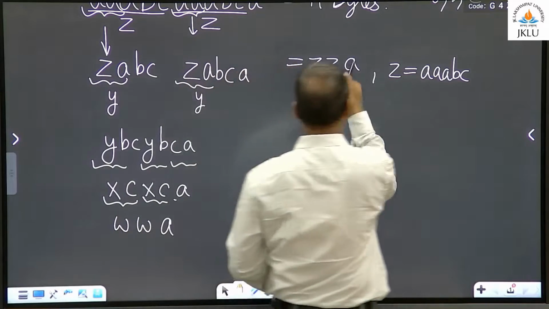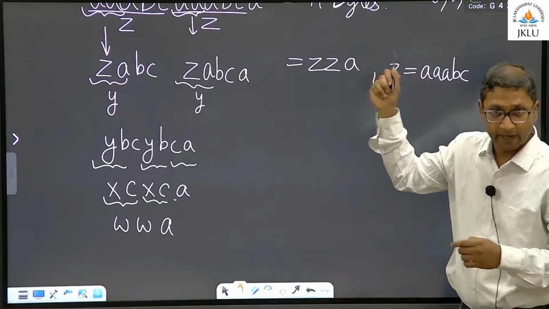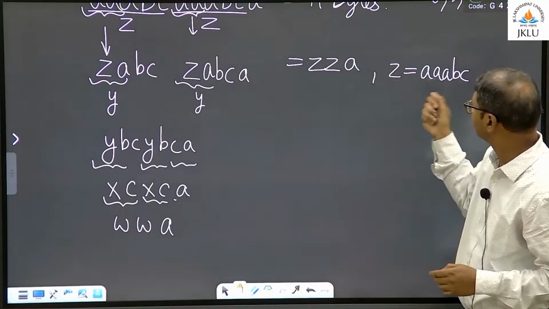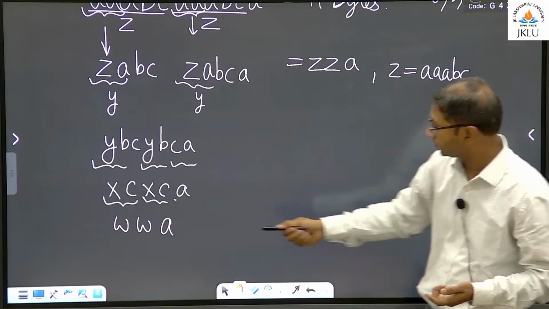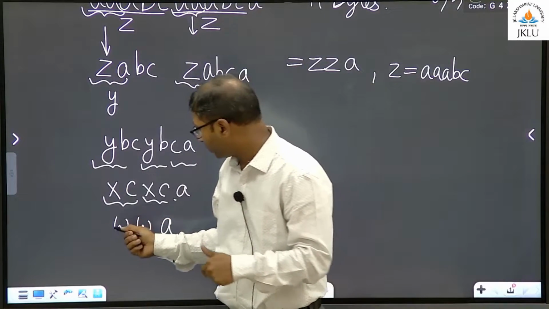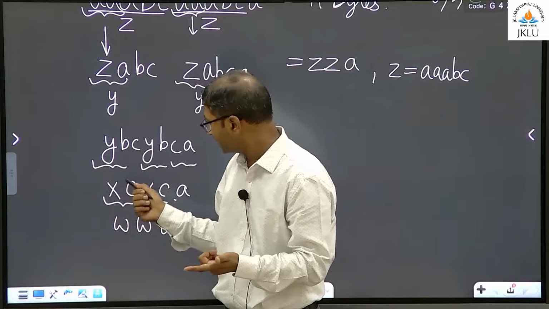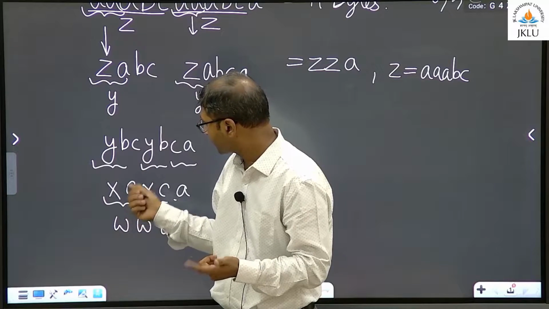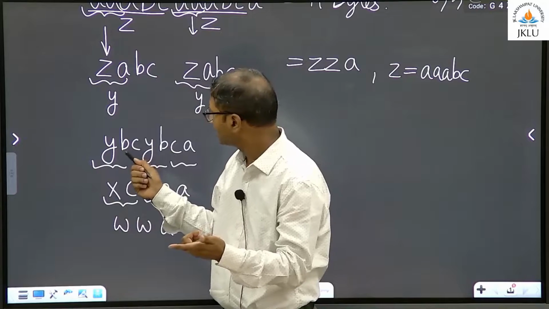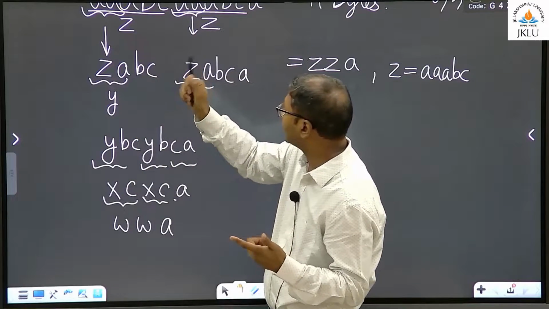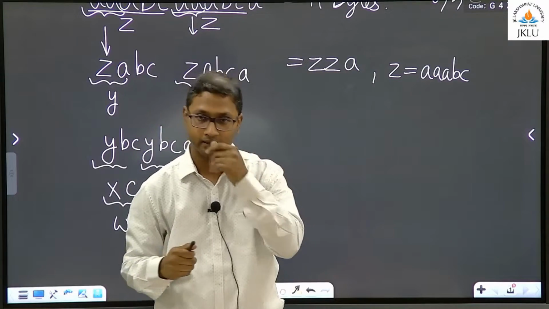Here, W is equal to XC, X is equal to YB, Y is equal to ZA, and Z is equal to AA.